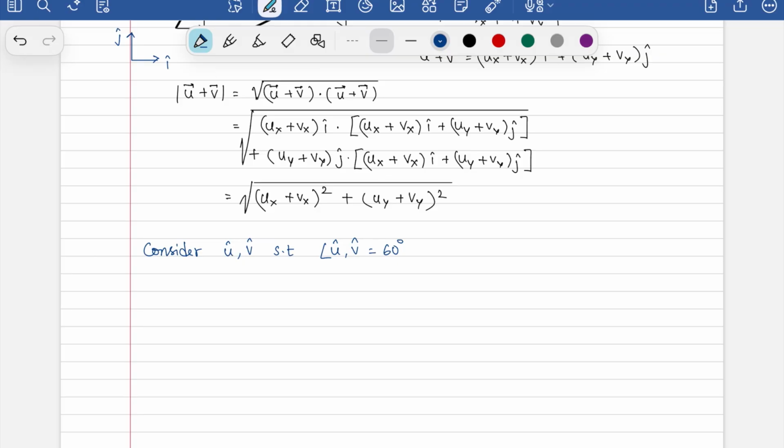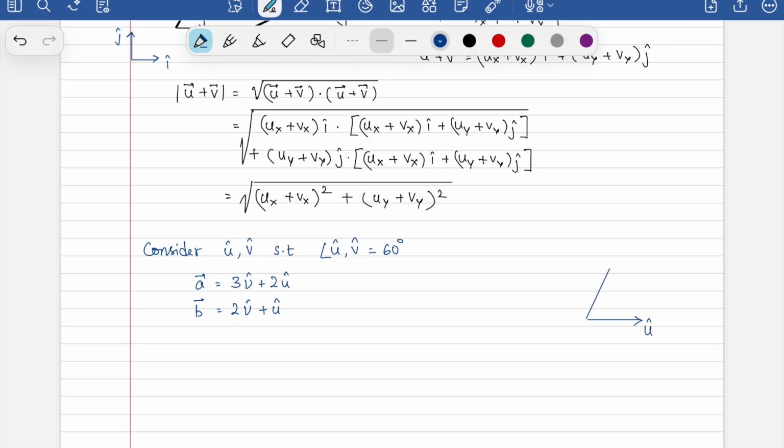So we have some vector: A vector is 3v hat plus 2u hat. Another one, B vector is 2v hat plus u hat. Is this allowed? Of course. You can define any vector using any kind of unit vector as a basis. This here is u hat, this here is v hat, and the angle between them is 60 degrees.